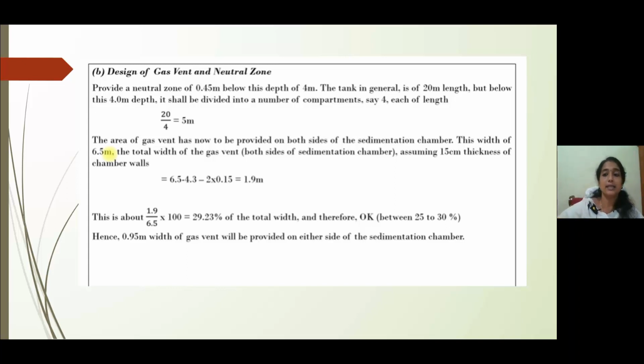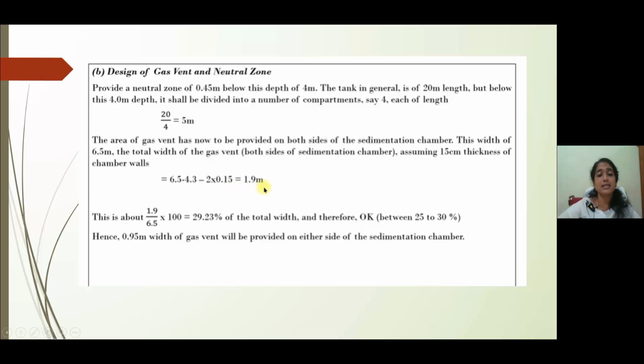Then, assuming a 15 centimeter thickness of the chamber walls, we get the air vent width as 6.5 minus 4.3 minus 2 into 0.15 is equal to 1.9.